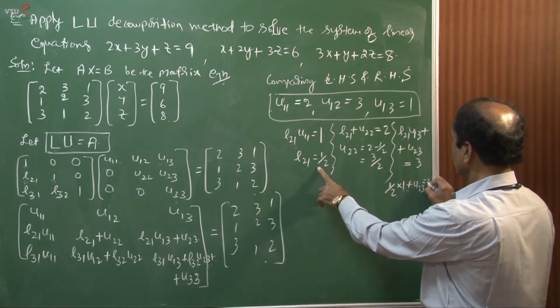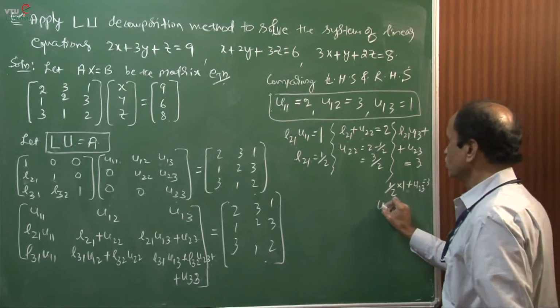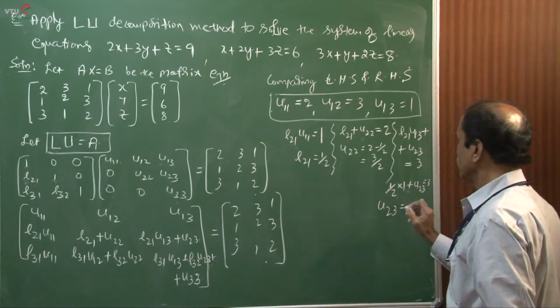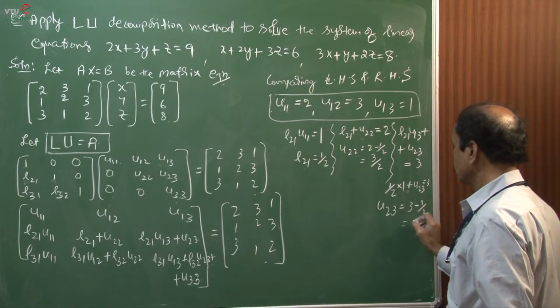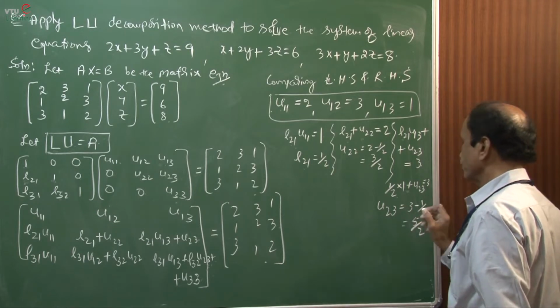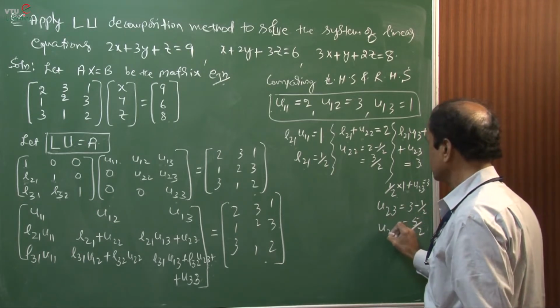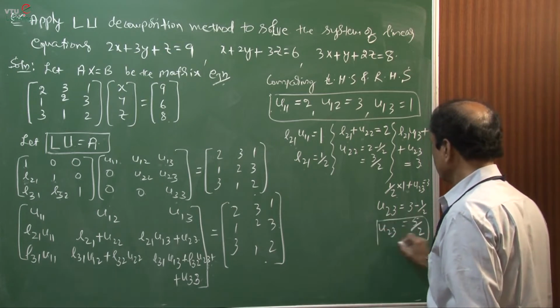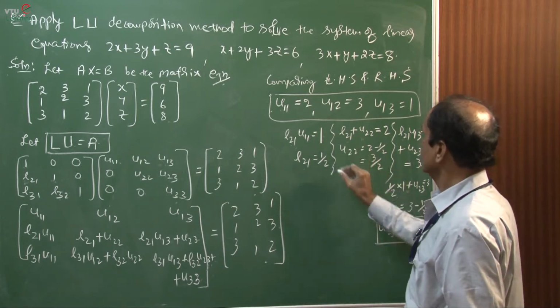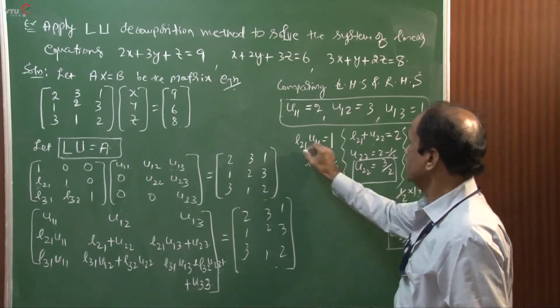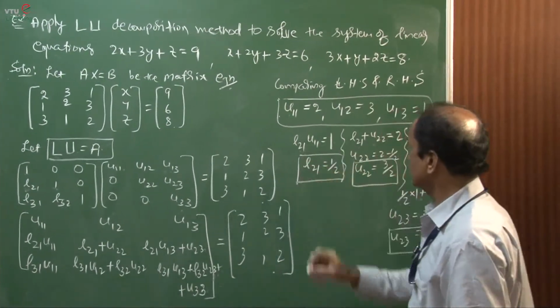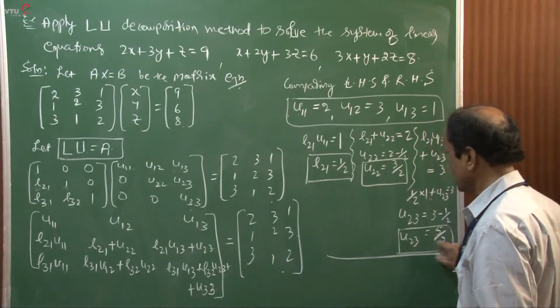U23 is equal to 3, therefore U23 is equal to 3 minus 1 by 2, that is 5 by 2. This is U23. U23 is this much, U22 is this much and L21 is this much. So this is the second set of calculation.